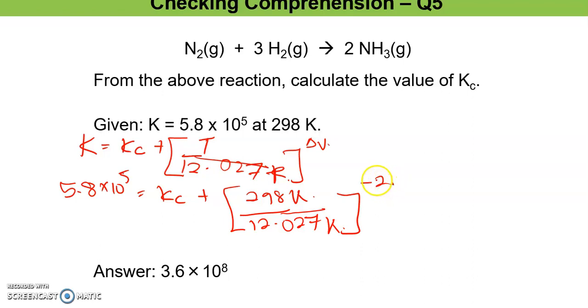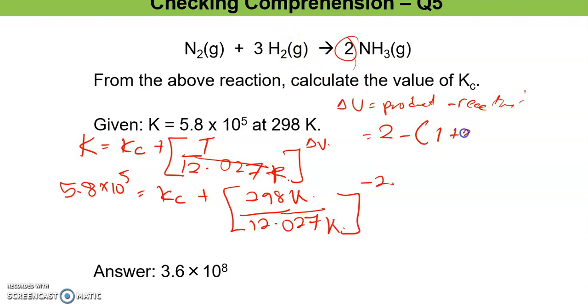And delta v here is equal to negative 2, because delta v equals product minus reactant. So we need to know the coefficient of each of these. Our product is 2, minus this one is 1, and this one is 3, so plus 3.